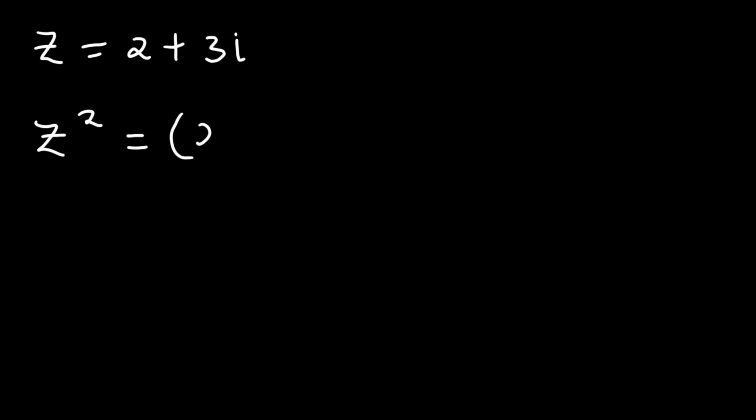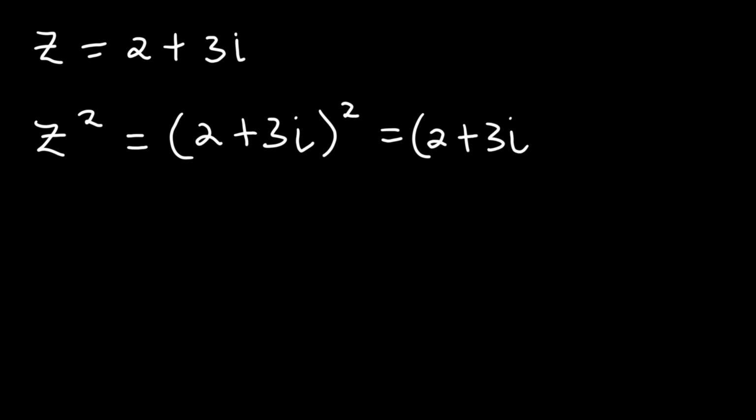Let's say we have a complex number z equaling 2 plus 3i. Let's find z raised to the power of 2. z raised to the power of 2 will be equal to 2 plus 3i raised to the power of 2. And this will be the same as 2 plus 3i times 2 plus 3i.